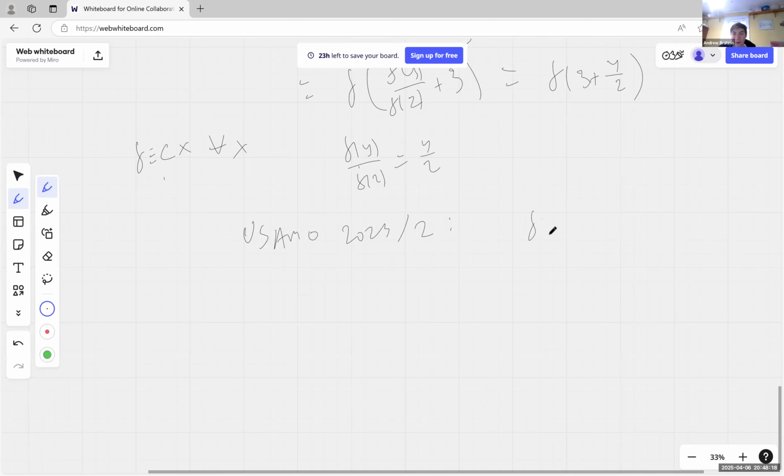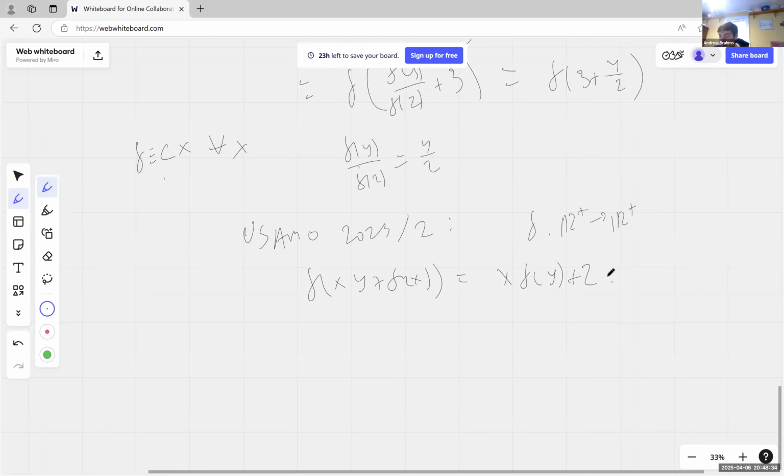Basically we have f from positive reals to positive reals, and we're given that f of xy plus f of x is always equal to x f of y plus 2.